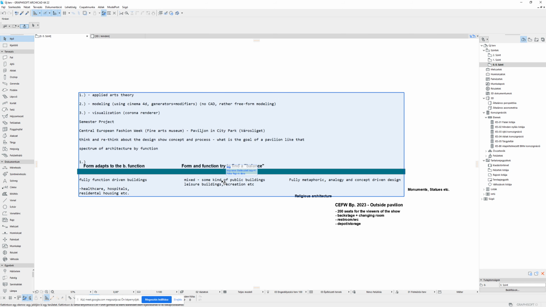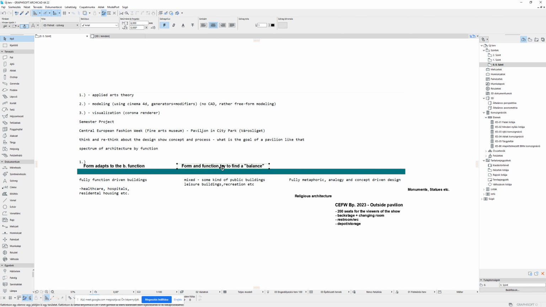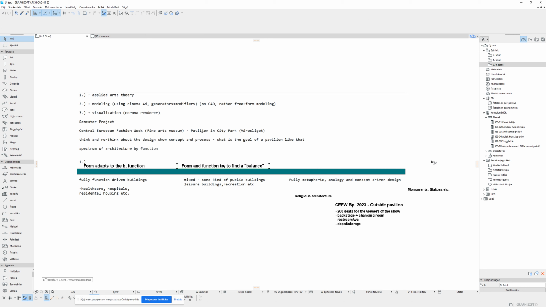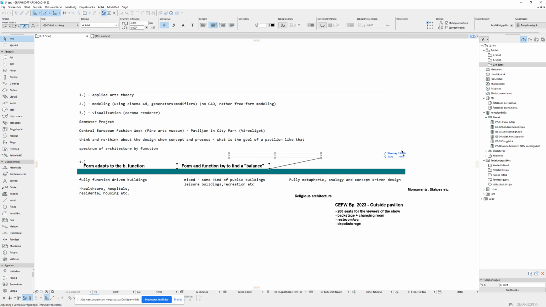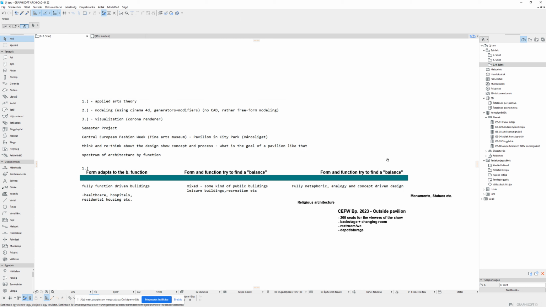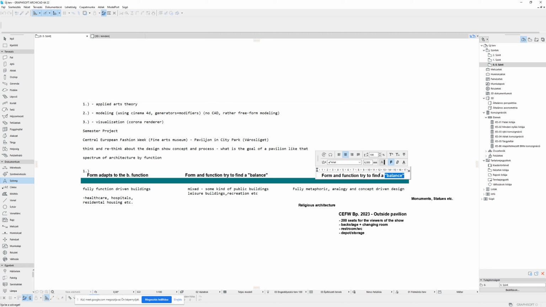Then what comes on the far right of the spectrum? Anyone can tell it if you have idea, by the way. So maybe like conceptual form, but with being like conscious about the function that we have give to the building.